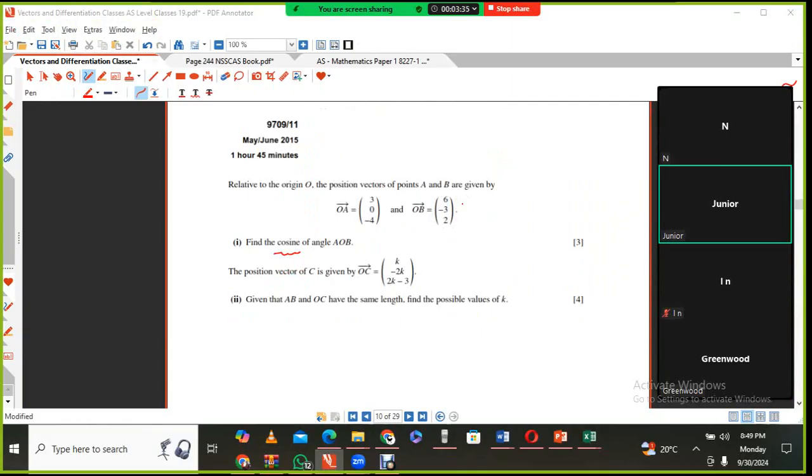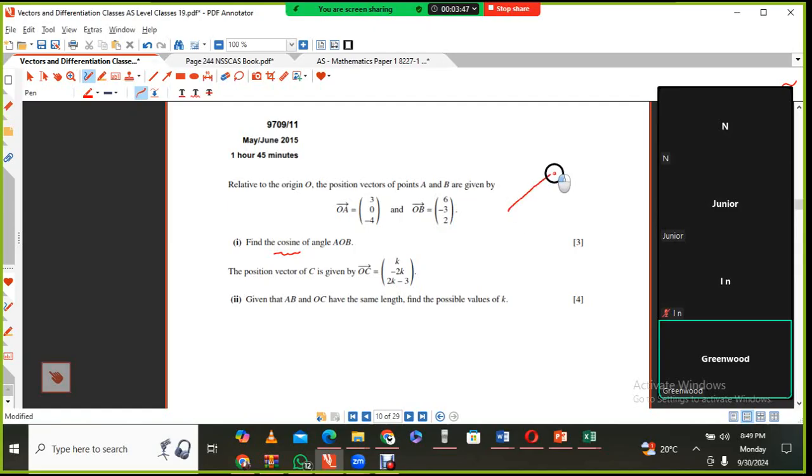Yes, sir. Okay. So they are saying we are supposed to find the cosine of angle AOP. So basically, this is the particular angle that we are looking for, this angle over here.